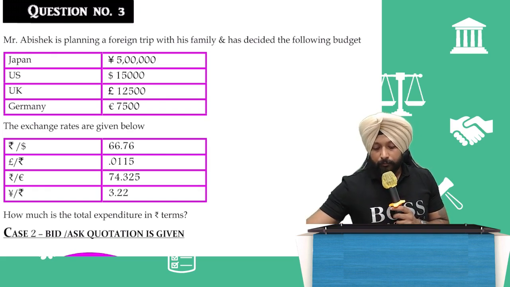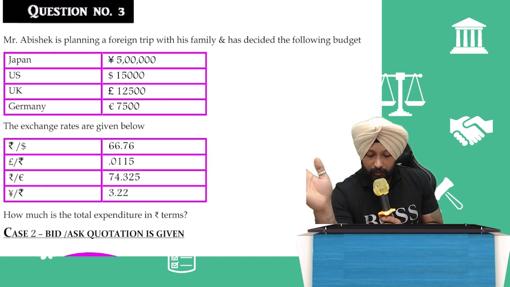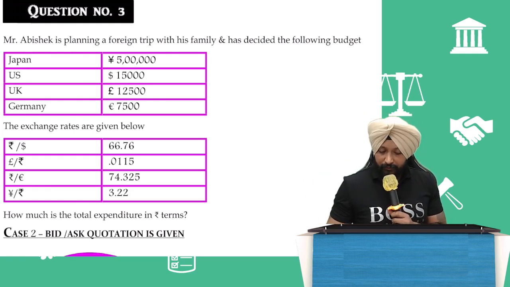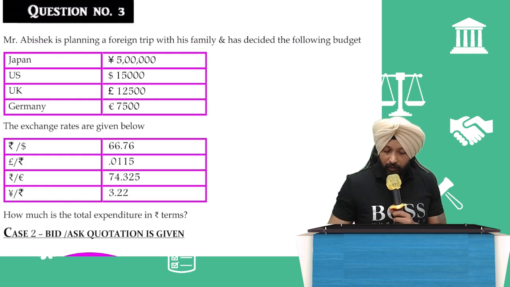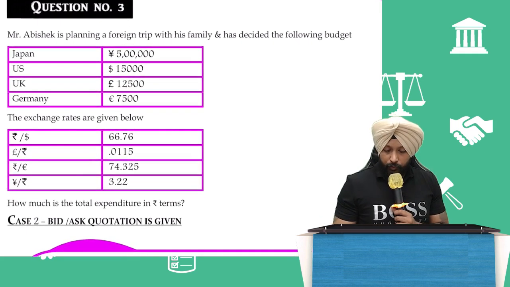Different places, different budgets are given, but in the currency of that particular place. Japan is given as yen 5 lakhs, US is dollar 15,000, UK is pound 12,500, and Germany is 7,500. Now, the exchange rates are given to you.